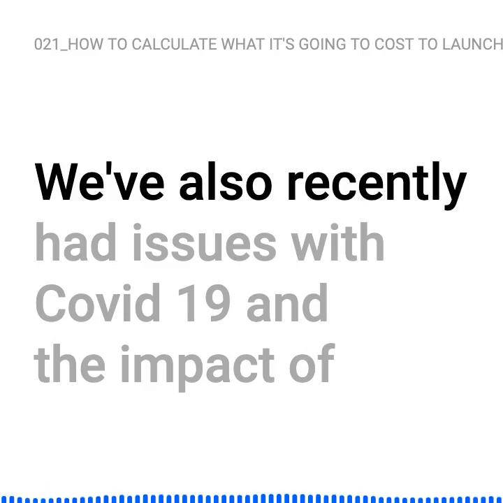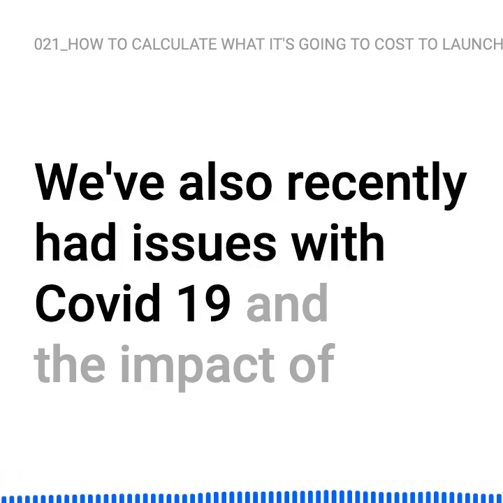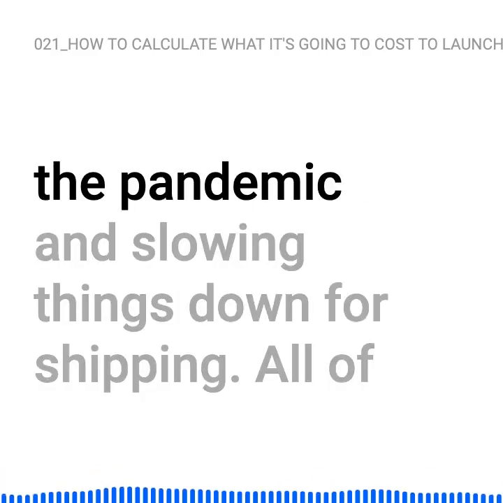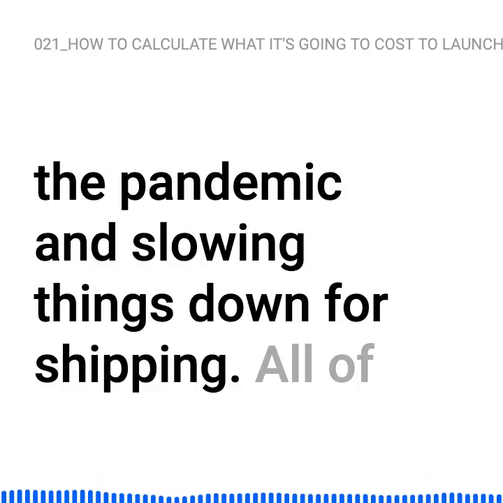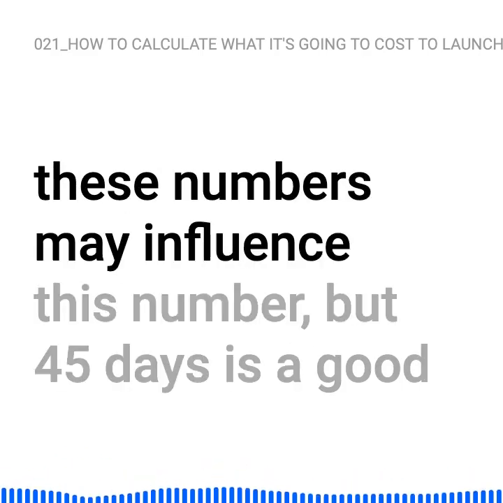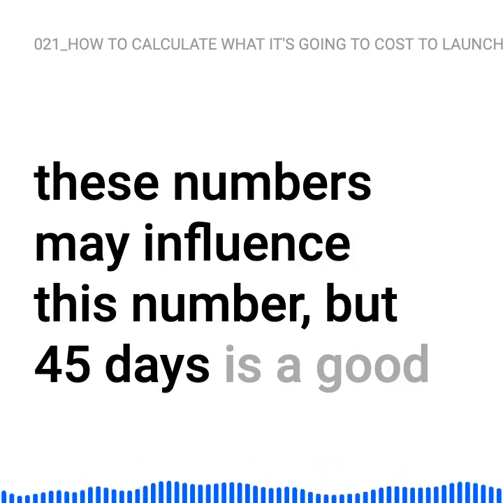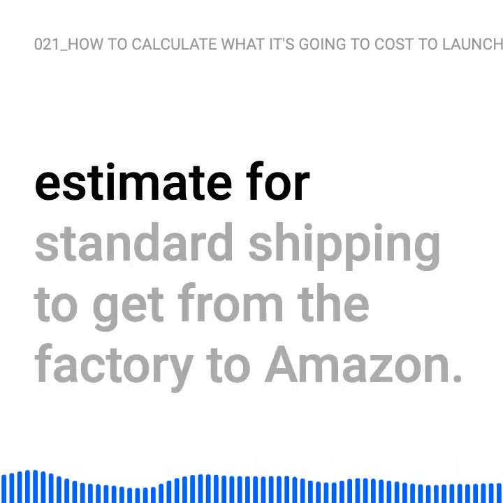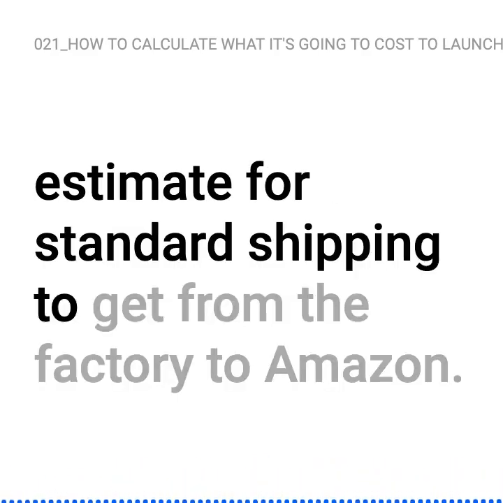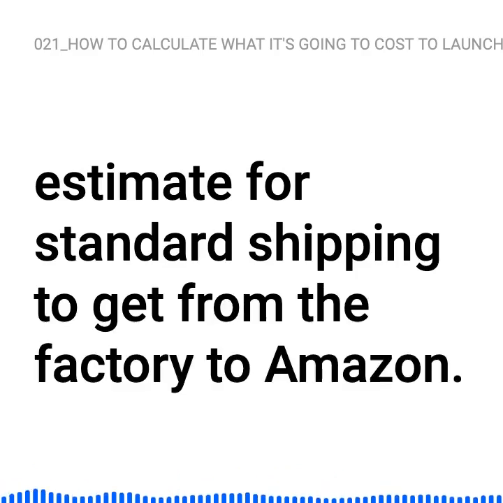We've also recently had issues with COVID-19 and the impact of the pandemic slowing things down for shipping. All of these may influence this number, but 45 days is a good estimate for standard shipping to get from the factory to Amazon.